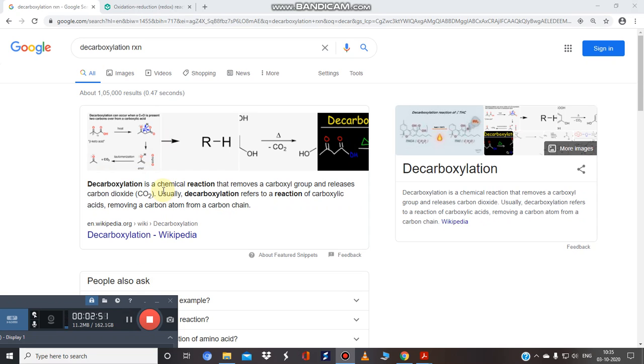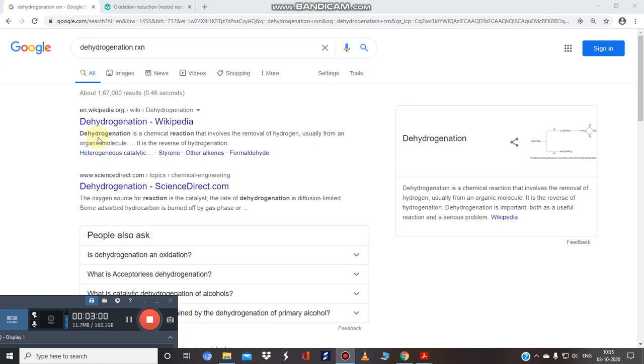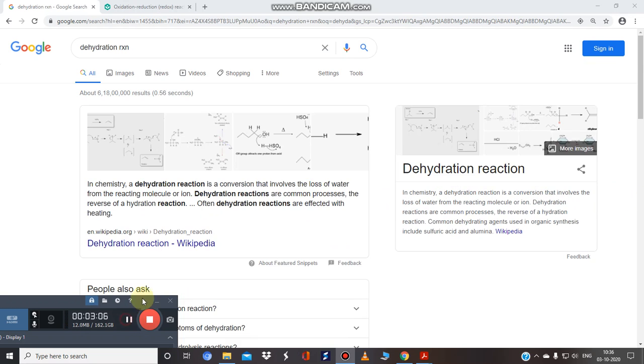It is simply a chemical reaction that involves removal of a carboxyl group. Next is the dehydrogenation reaction that involves removal of hydrogen. Now the dehydration reaction involves loss of water from a molecule or an ion.